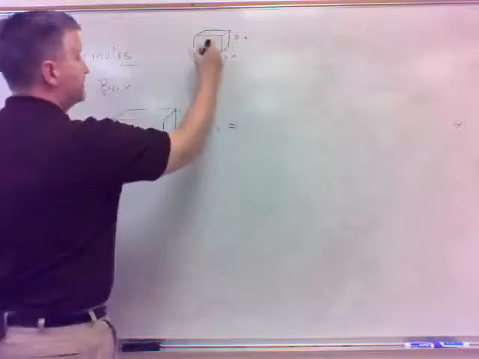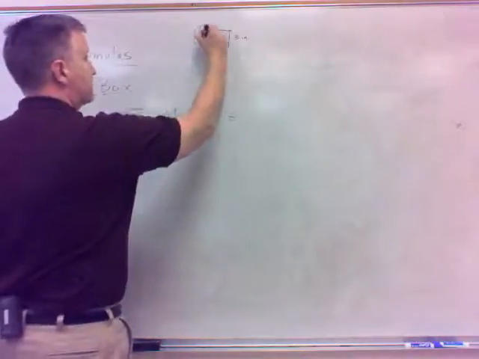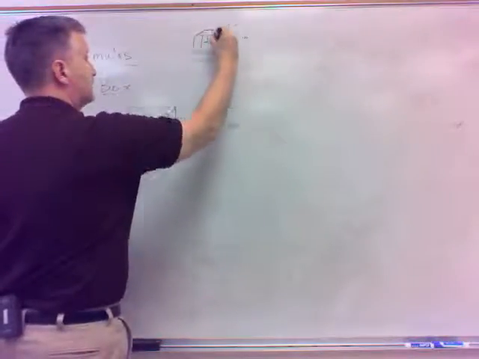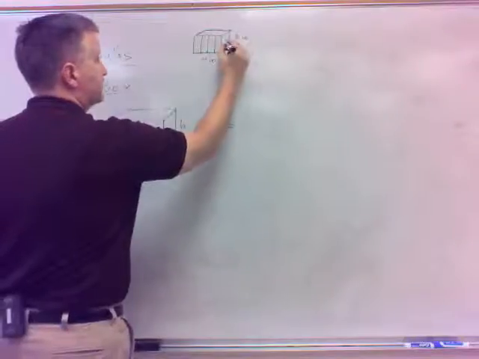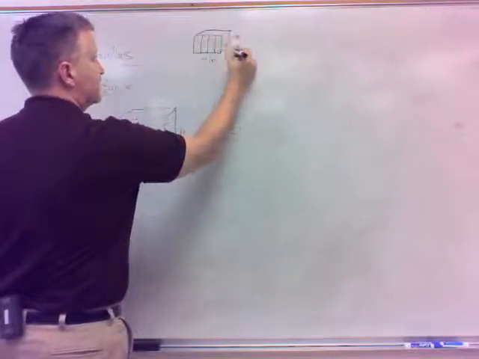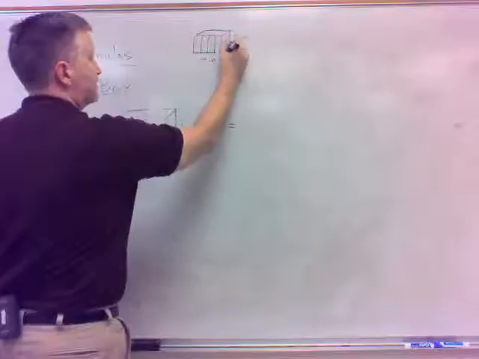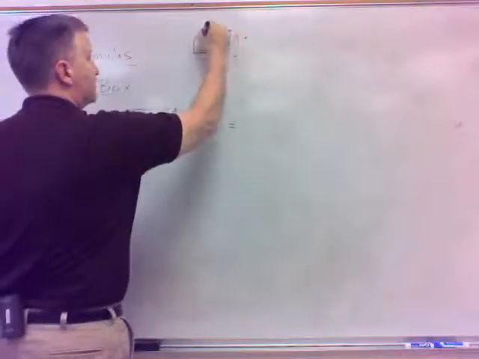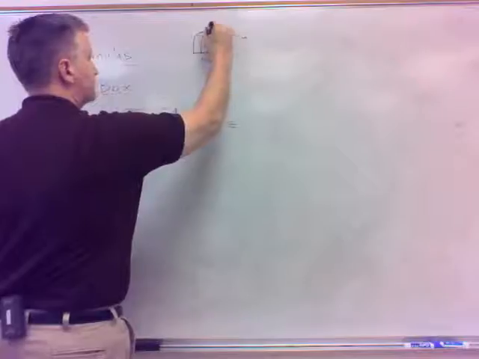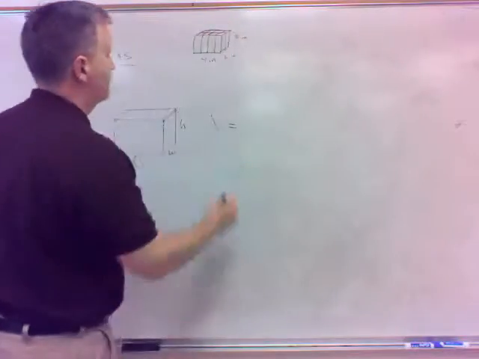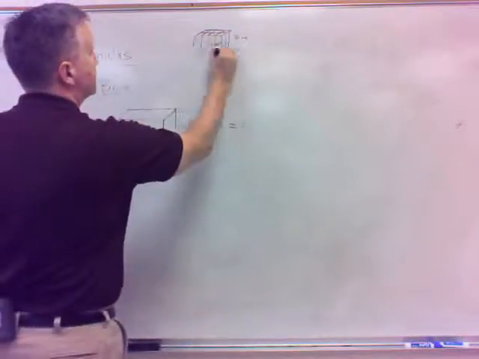Just like I did with the rectangle, let's grid the box off. I'm going to do some lines there for the height and then for the width, then come across here like so, and then I'll need to go across here too, don't I? Okay.